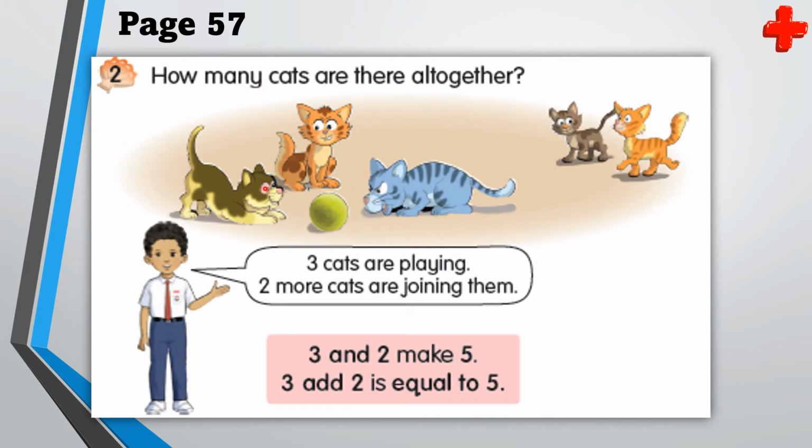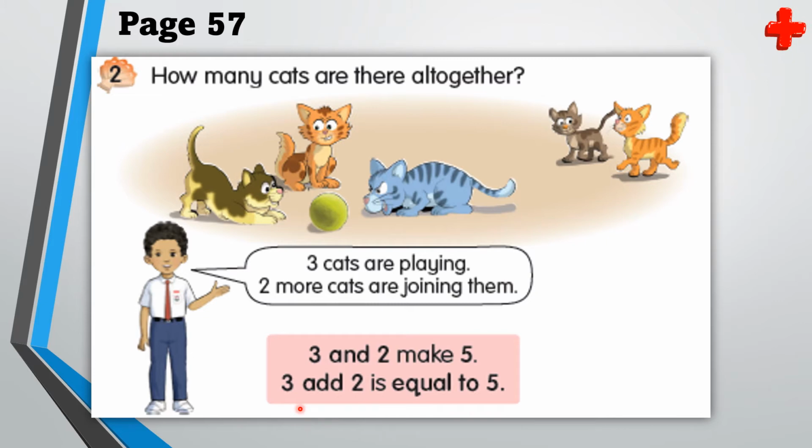So, from 3 and comes more 2, 3 and 2 make 5. 3 dan 2 jadi 5. And 3 add 2 is equal to 5. Read this carefully. This is the number sentence. 3 add 2 is equal to 5.